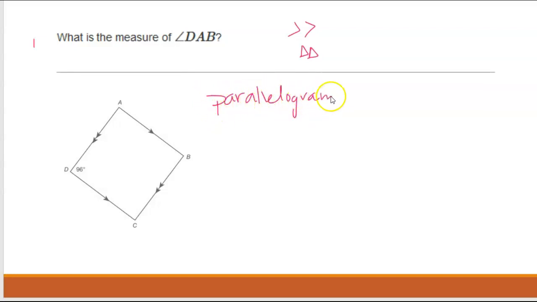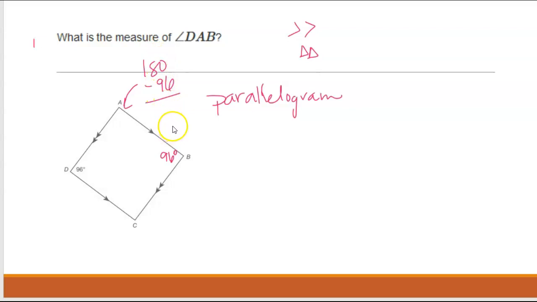And because it's a parallelogram, we know, one, opposite angles are congruent. And remember, consecutive angles, angles that are next to each other, are supplementary. So we can find this angle by doing 180 minus 96. See if I can do that in my head. This is where I get in trouble. So 180 minus 90 is 90.